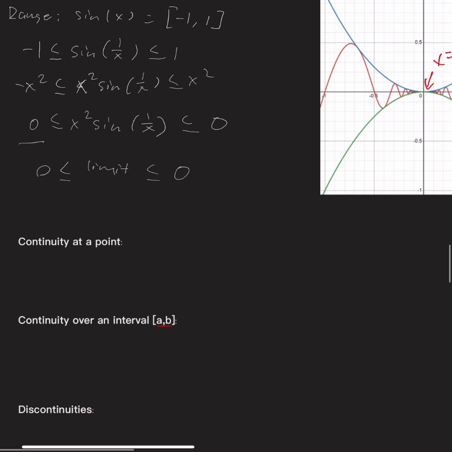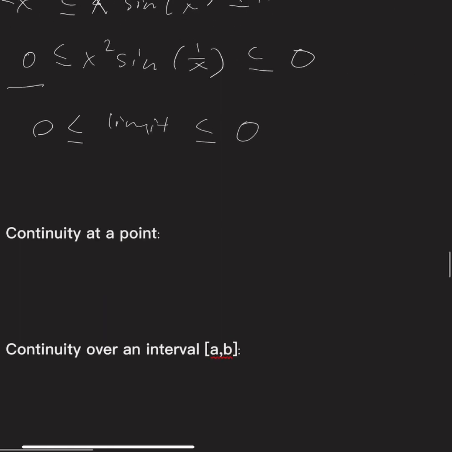Alright, let's talk about continuity. What makes a point continuous? Well, the limit as x approaches c of f of x equals f of c.